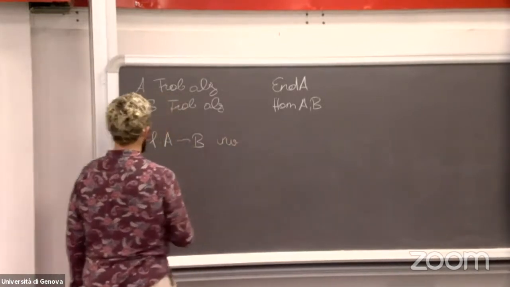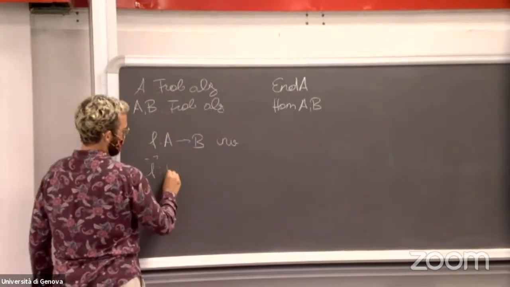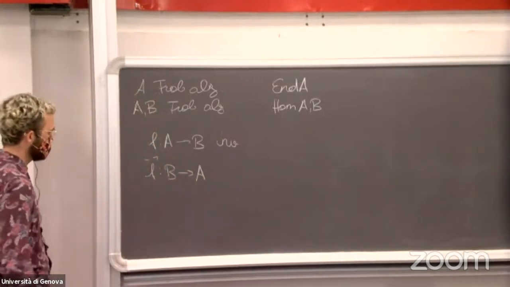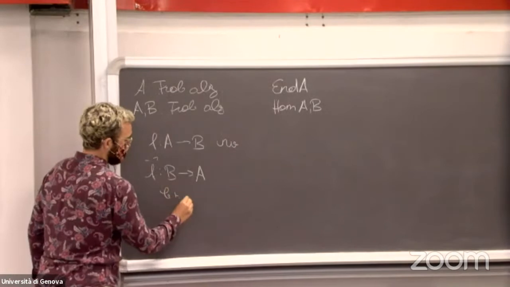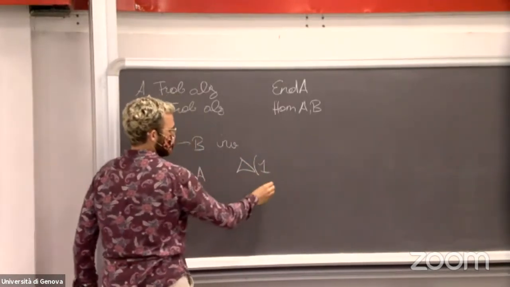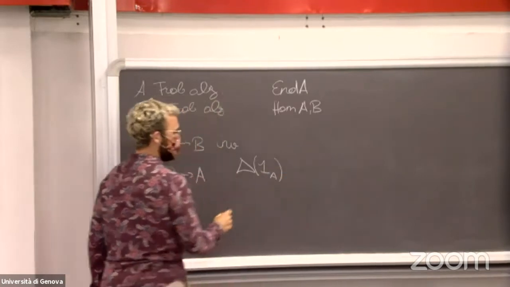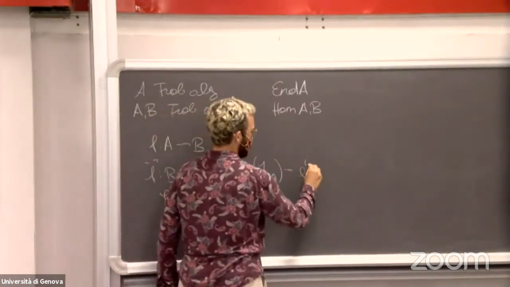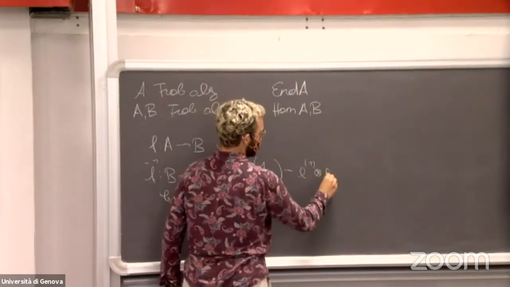So I can give you the inverse the other way around. So what happens to an object B? Maybe let's denote the co-multiplication of the unit in this Frobenius algebra by e1 and e2.